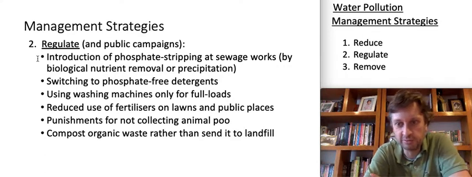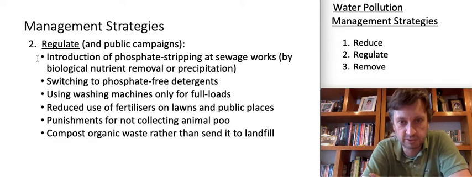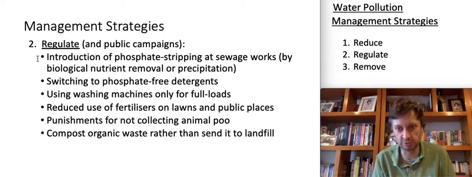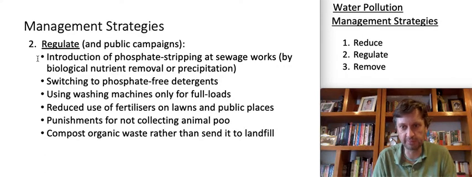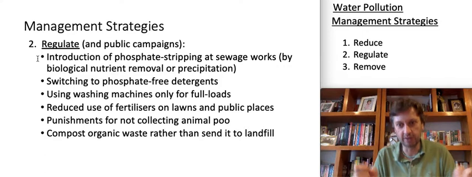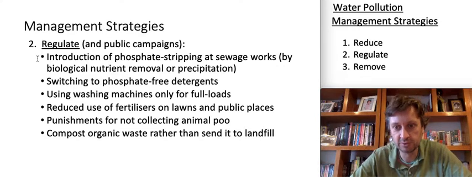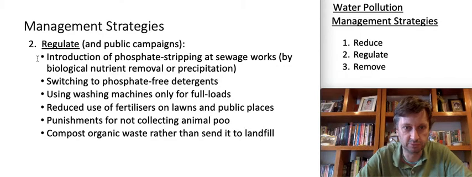So number one, if the source of your pollution is sewage, especially in terms of nitrogen, nitrates, you can introduce technologies at sewage works that take nitrates out of the water. Very simple technologies actually is just to add agents like iron that basically stick to your nitrates, form iron nitrate or iron phosphate, and then you can just skim off the precipitate, the solid chemical that forms.